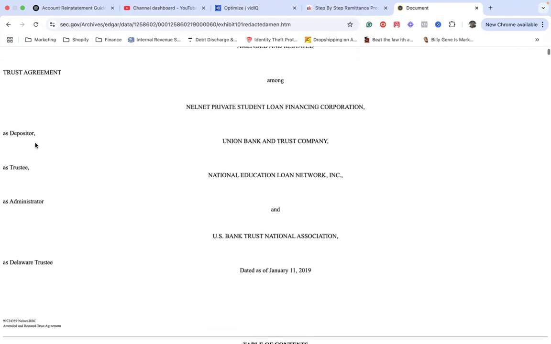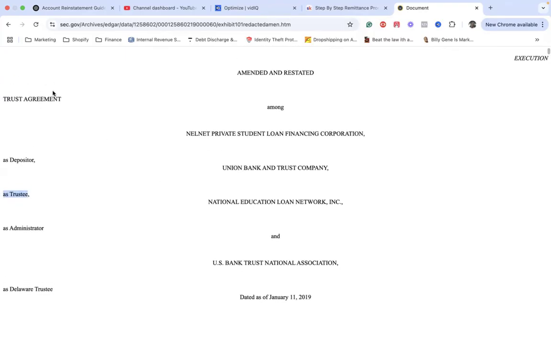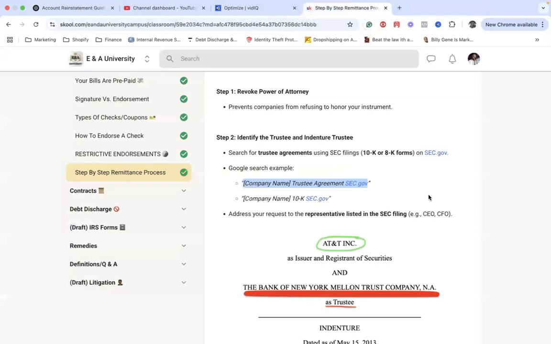It's so easy, it's telling you exactly who's who. When you look at this trust agreement, the depositor is Nelnet, and the trustee is U.S. Bank and Trust Company. So this is who you're sending it to. You're sending it to them, and you're sending it to them. That's how you find out who you need to send these documents to.